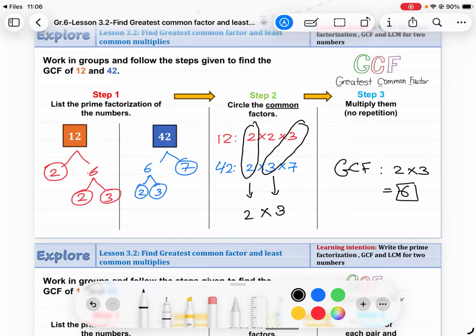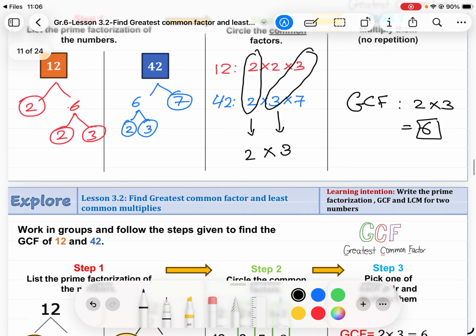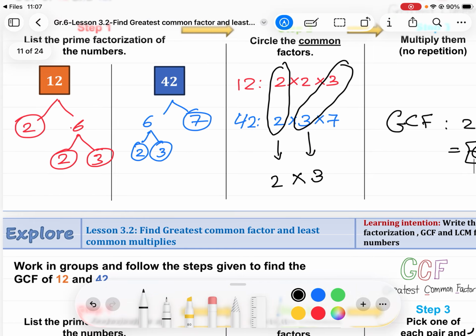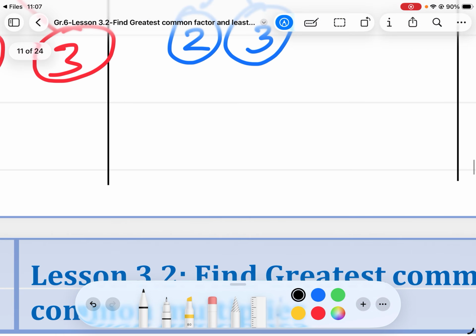Okay, why is it important? Remember, guys, when you used to simplify fractions, for example, we have 12 over 42, and you want to simplify, and you start checking. Your teachers taught you that you have to divide by the GCF, the greatest common factor. What's the biggest factor between 12 and 42?